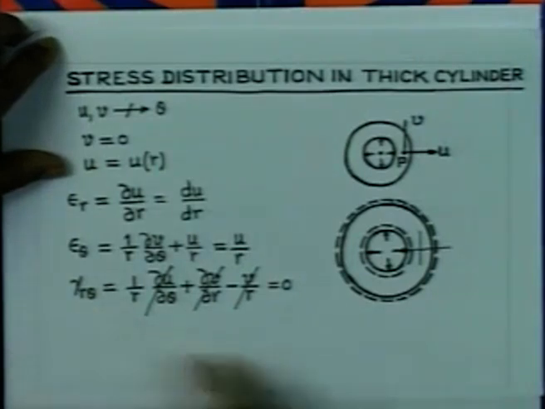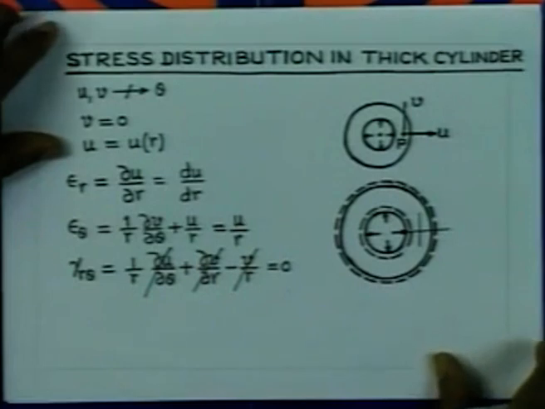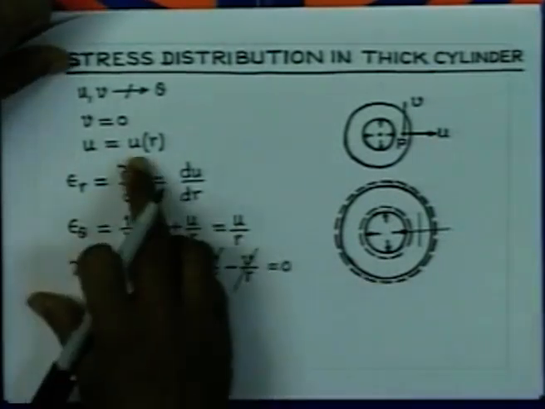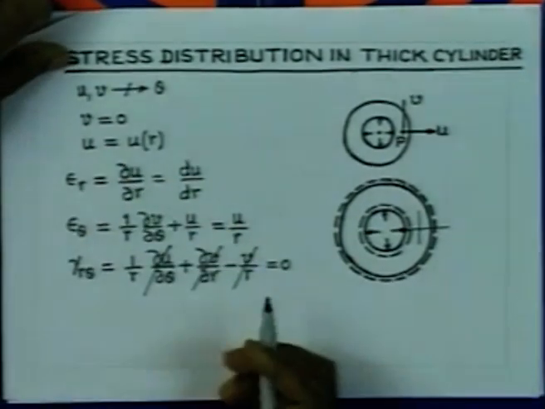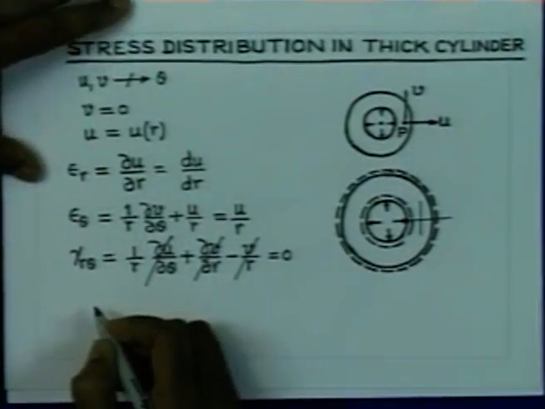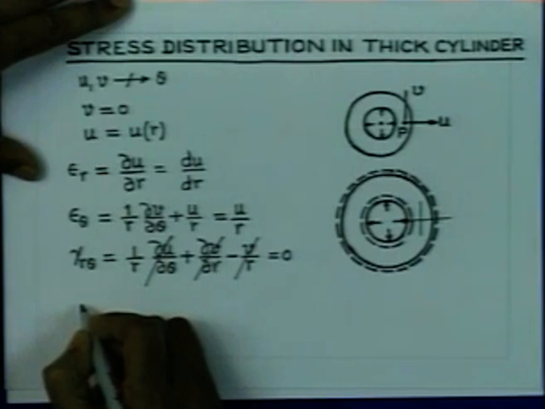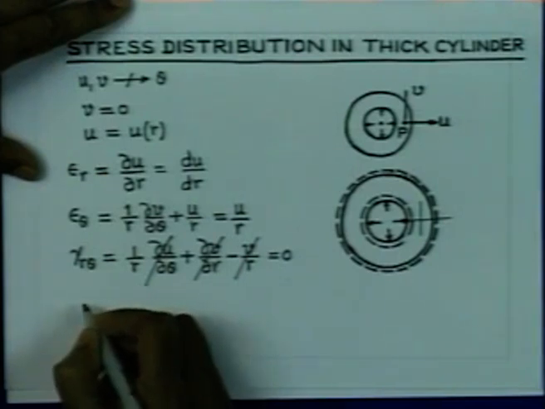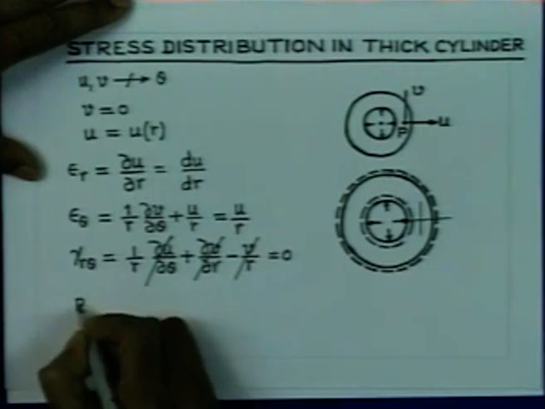So, from the physical deformation we expect the shear strain to be 0, and mathematically we have also obtained that to be 0. Now, we have got the strains in terms of the displacement u, which is a function of radius. Now, let us make use of Hooke's law and assume the state of stress to be plane stress.